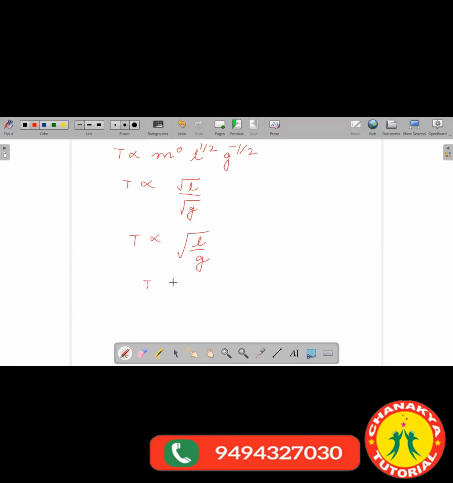So we get T equal to the constant, which is 2 pi under root of L by G. So by the method of dimensions, we have obtained the formula. You can write down this formula directly like this: T equals a constant K multiplied by under root L by G. Then also it's perfectly correct.